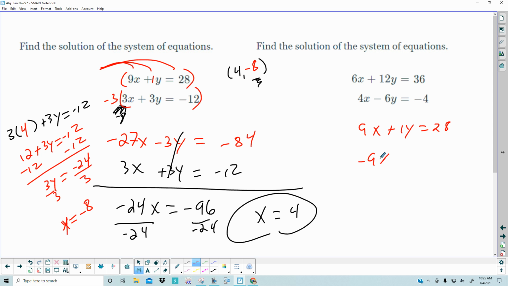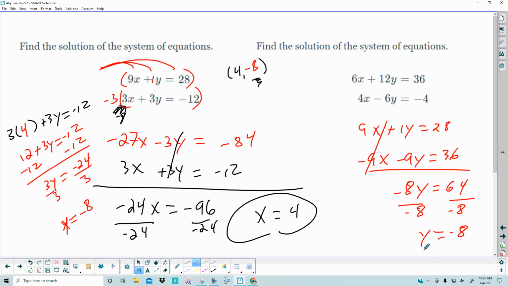So I get -9x minus 9y is equal to 36. So when I add this together, I get -8y is equal to 28 plus 36 is 64. And when I divide by -8, I get y is equal to negative 8. Okay.